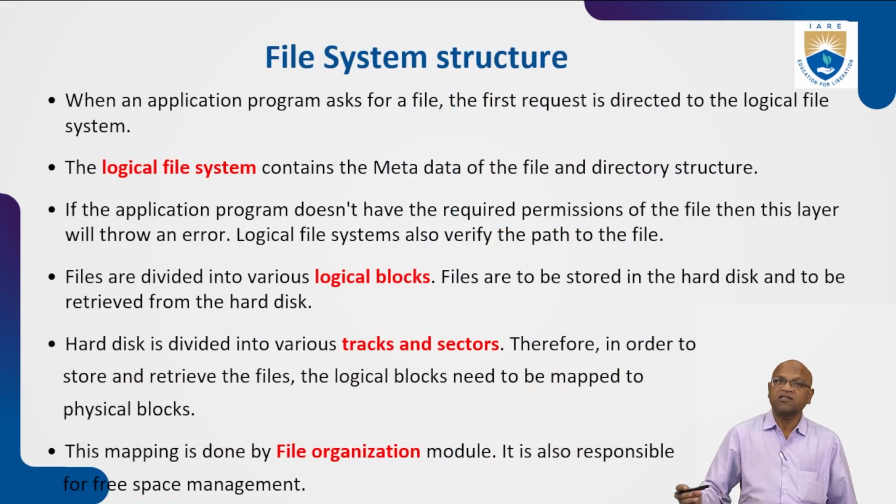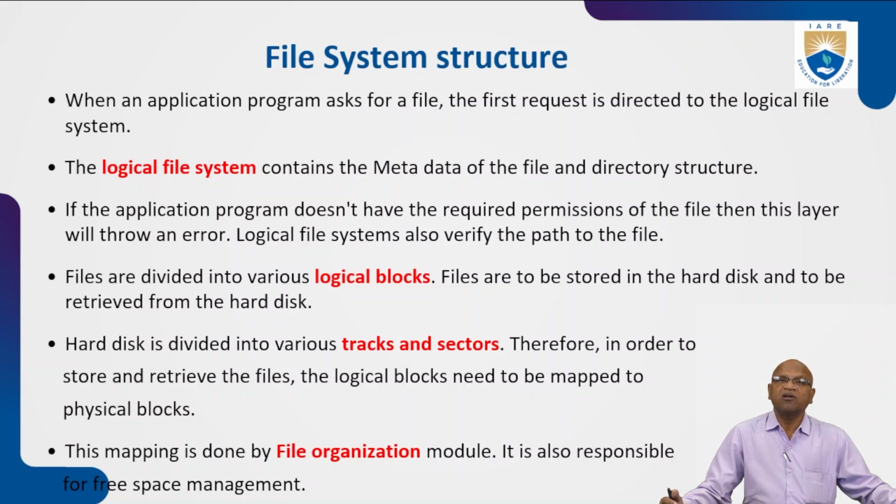file system structure. What is the structure of the file system? When an application program asks for a file, the first request is directed to the logical file system. It is the application program.